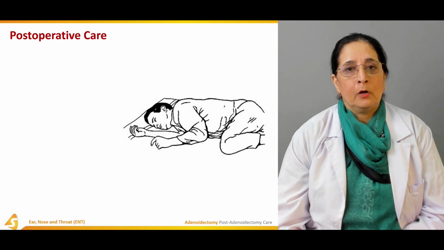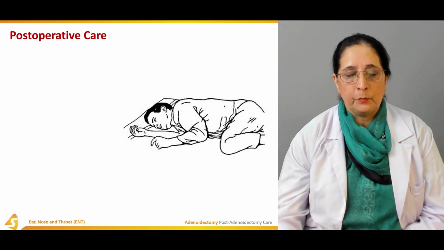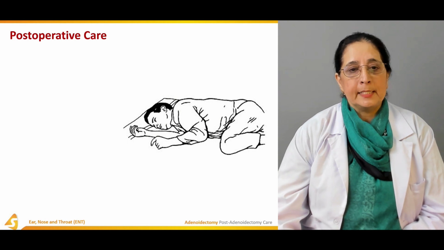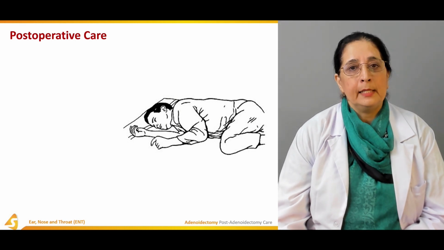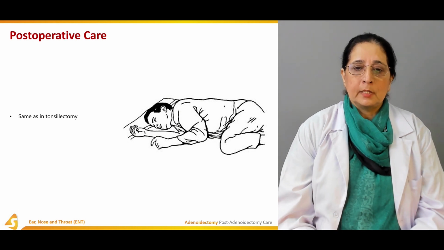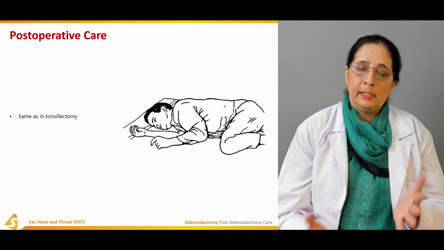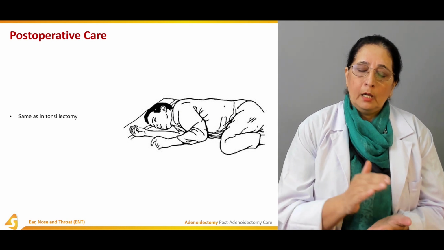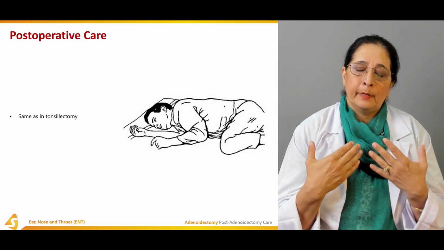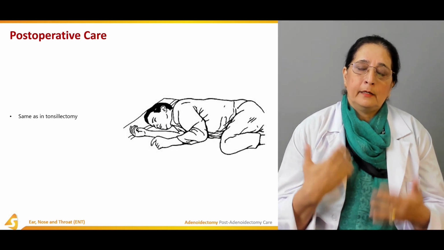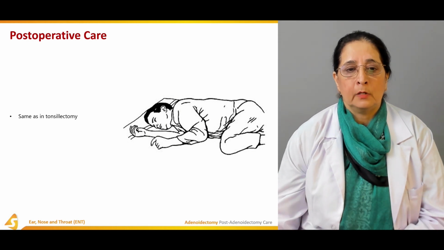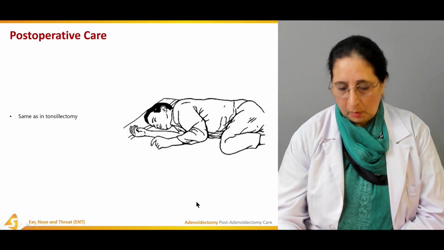Now, after summarizing what we did so far, the important part is the post-operative care of the patient with adenoidectomy. It's the same as tonsillectomy. Make sure to turn the patient to the coma position on the left side, so any blood that can occur and any aspiration is avoided, because that can cause complications.